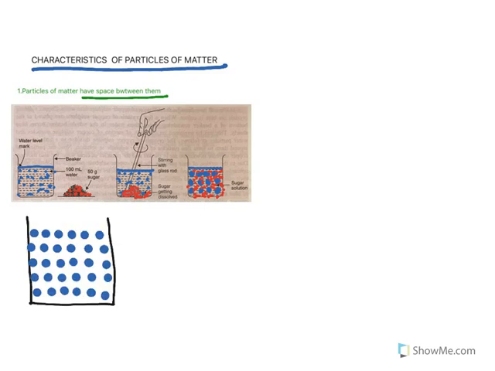So here I've drawn the beaker of water again with these molecules. These are molecules of water or particles of water, and we have the sugar molecules that have occupied the space between these water molecules, and hence the level of water has not increased.